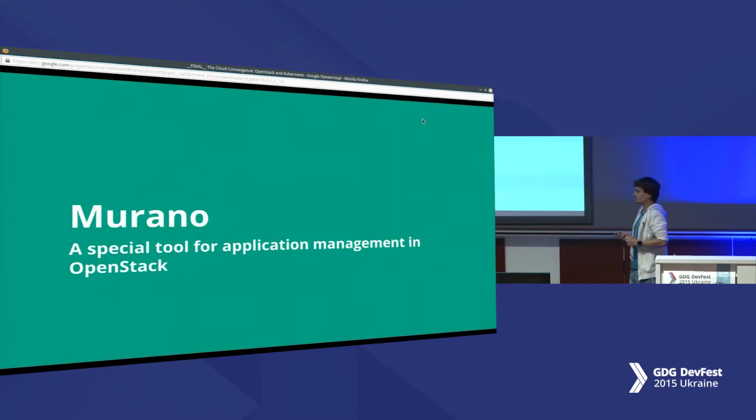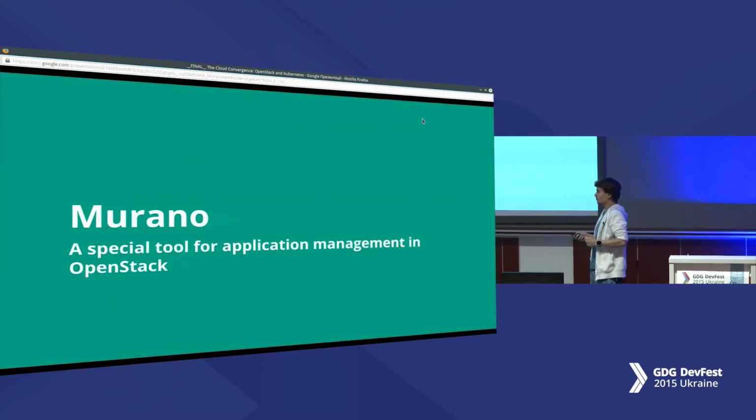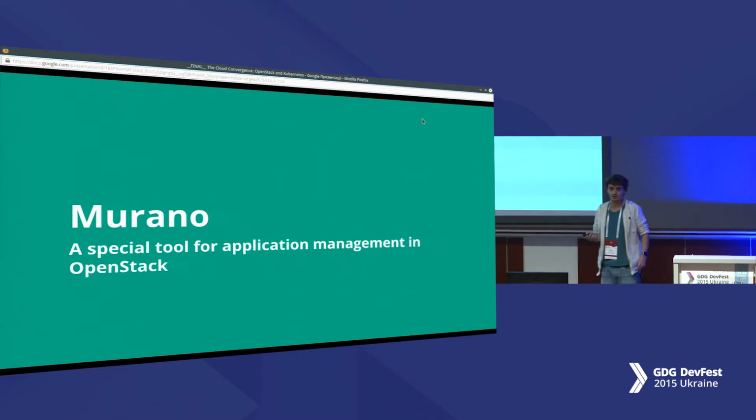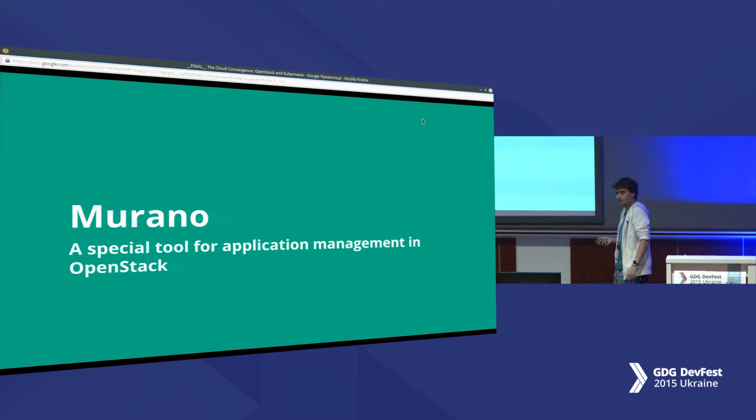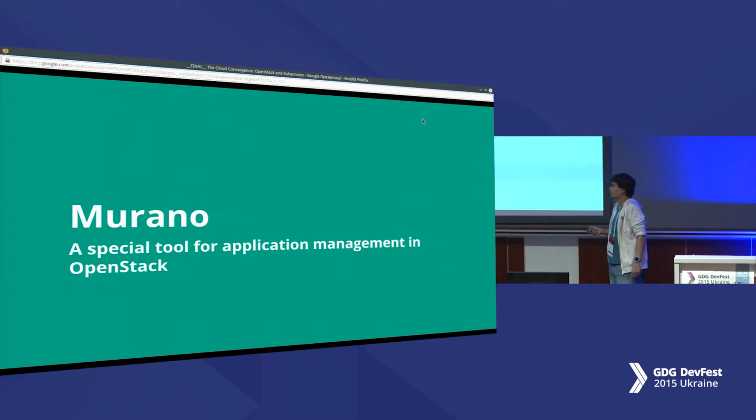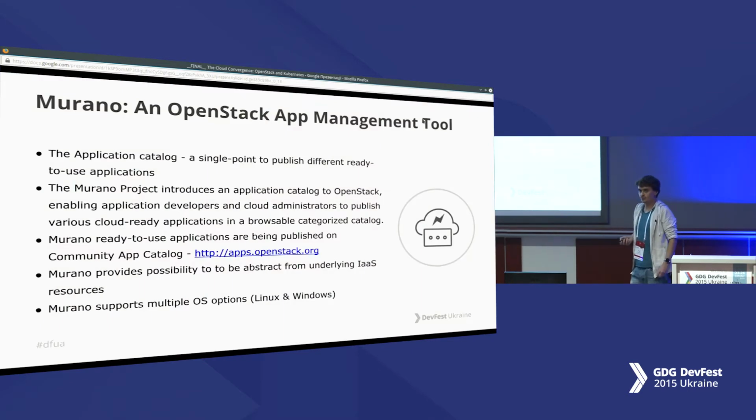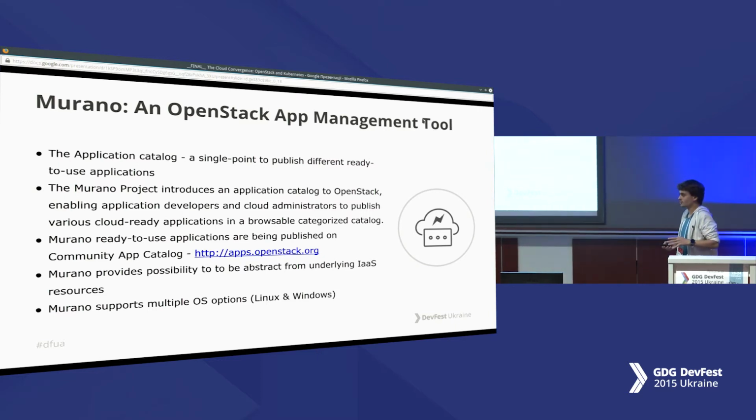One of the tools that arrived into the core repositories of OpenStack in past years is Murano, which was originally developed by Mirantis company, and at the current moment is part of vanilla OpenStack. So Murano is a component that allows you to install applications on your cloud simply in 2 or 3 clicks.